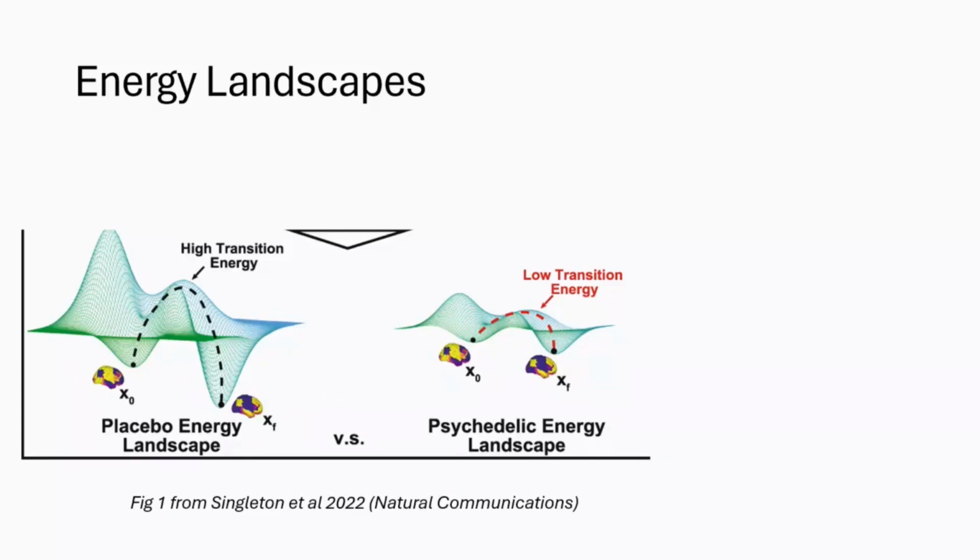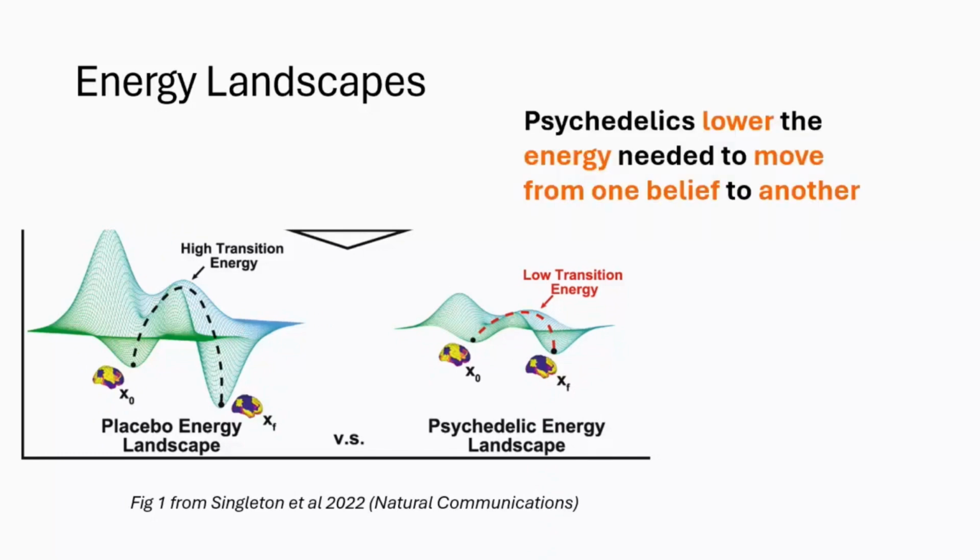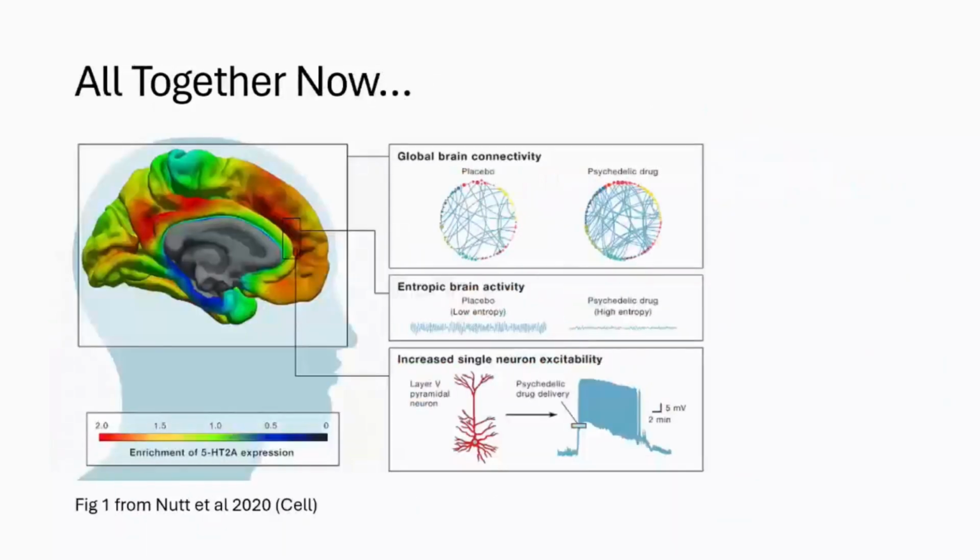We can say this has a high transition energy. Now, what was shown very recently by Singleton in 2022 was that psychedelics lower this energy landscape. And in practical terms, we might think that that means it's easier to move from this to this. So, psychedelics lower the energy needed to move from one belief to another. Again, this might be how psychedelics are allowing people to change their mind.